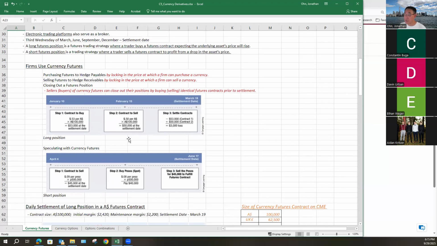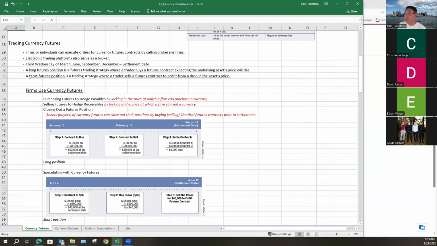Some examples. All right, a long futures position is the futures trading strategy where a trader buys a futures contract expecting the underlying asset's price will rise. So if you see the word long, that means you are in a buy position. So you buy the futures contract. That's your long position. Why do you buy a futures contract? It's a strategy.